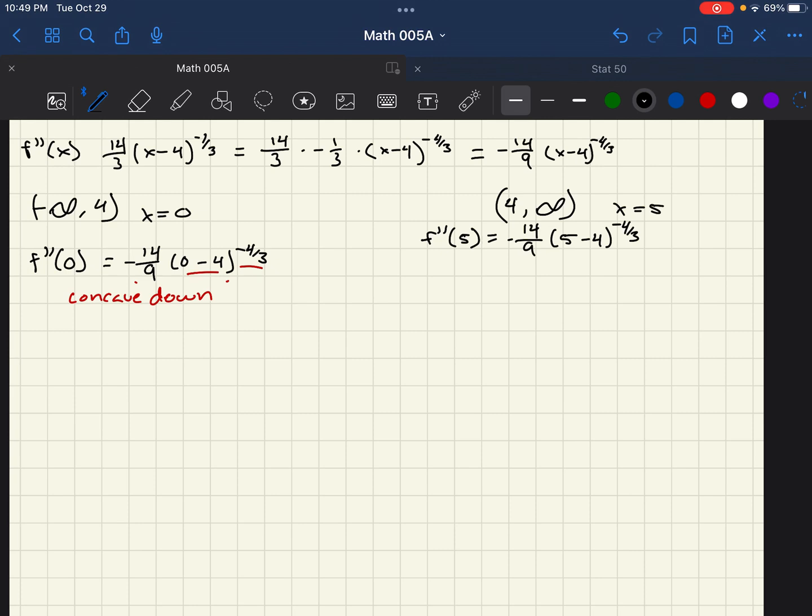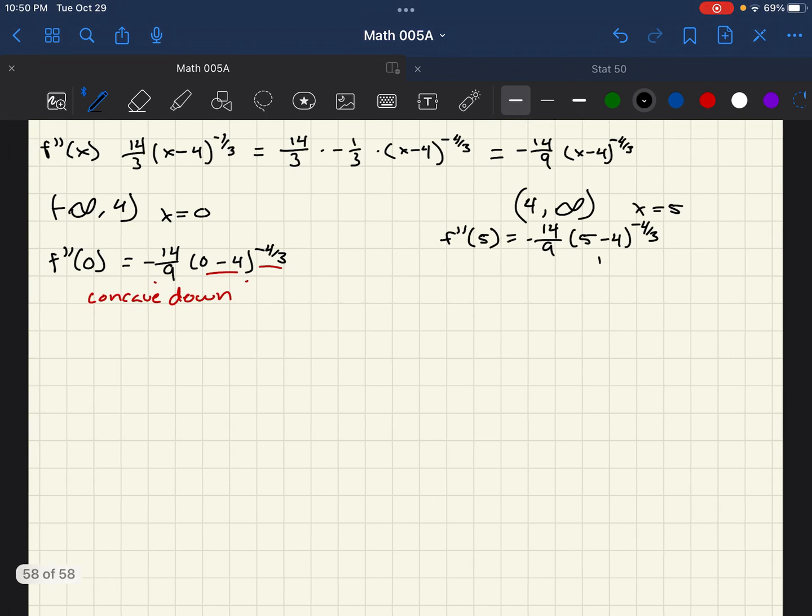This is just 1, so it's just going to be negative 14 over 9 still. So since it's negative, it's also concave down.